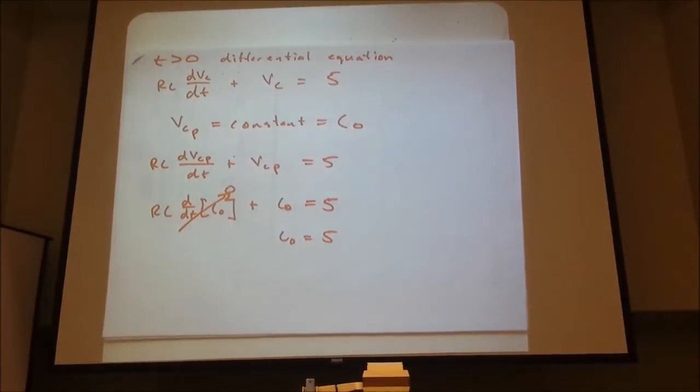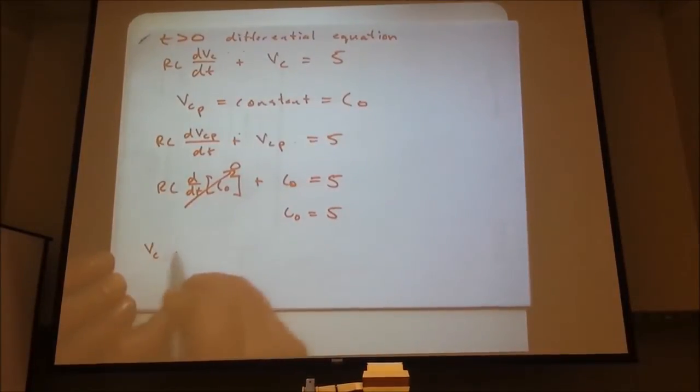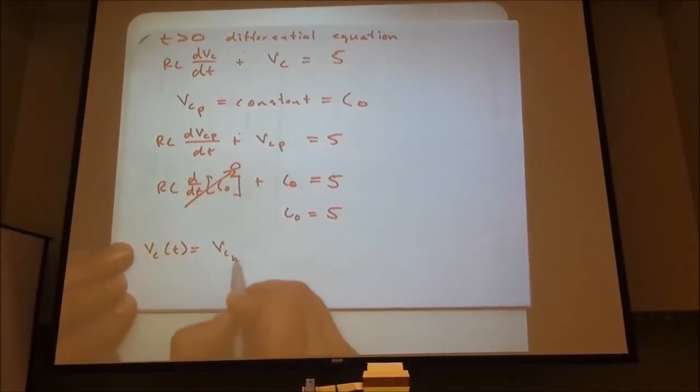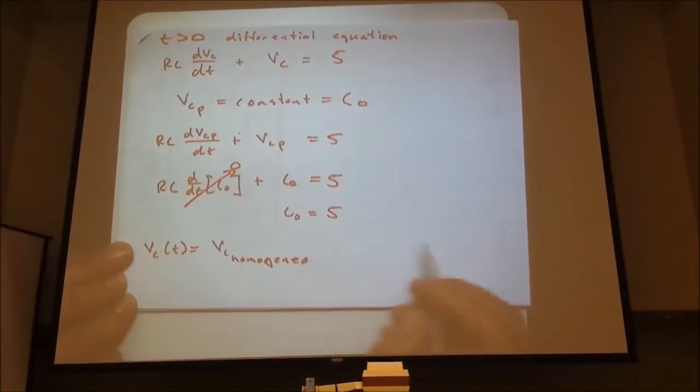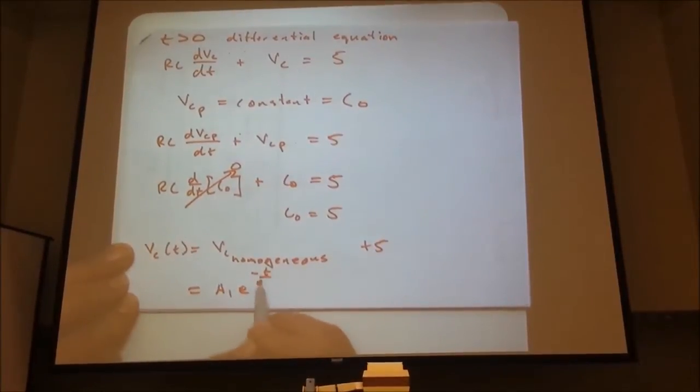We now know the particular solution, and this is an alternative approach. We could say VC in general now is VC homogeneous plus 5. And we know the homogeneous form for this differential equation looks something like A1 e to the minus t over 0.01, plus 5.